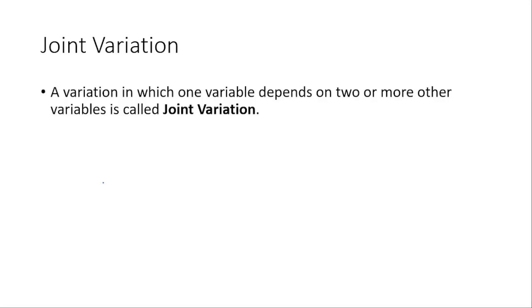Sometimes we will talk about this in terms of a quantity that varies with a product of two or more other quantities. That kind of variation will be called a joint variation.